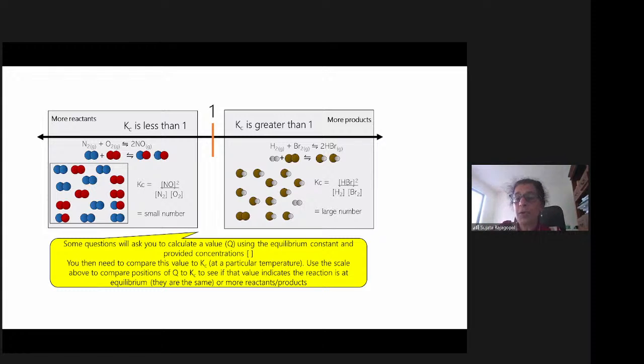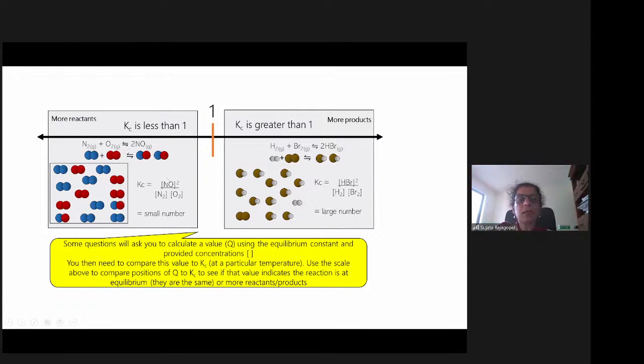Then you compare the one you have calculated to it and see what is happening, whether they are the same and at equilibrium, or if more reactants are favored, whether the reaction is going towards the reverse or the front, moving right or moving left. So these are the things you need to remember.